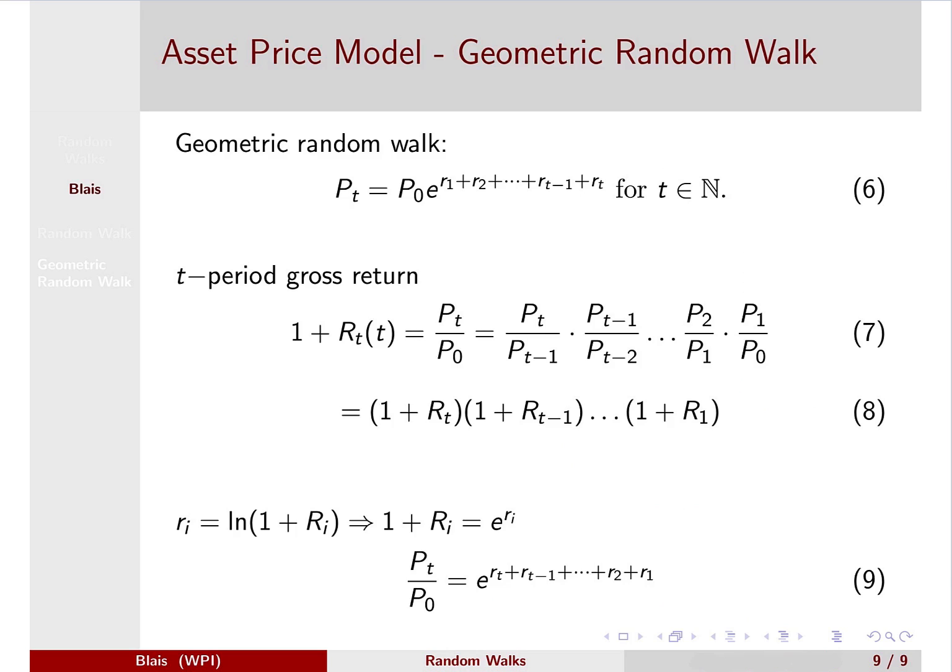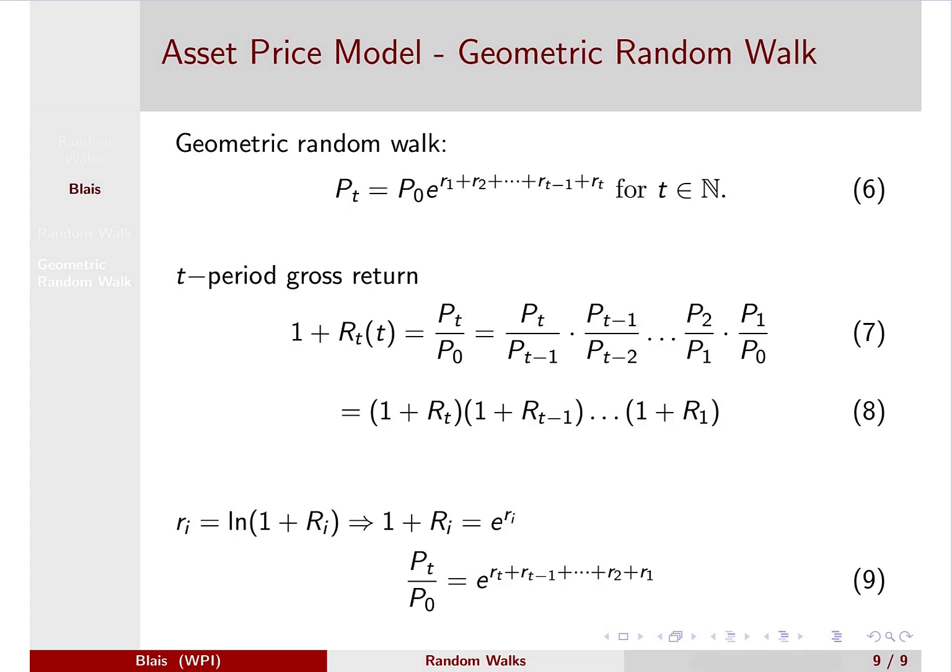And here, we now officially tie it together with all the work that we did with returns. So here we have our equation for the geometric random walk from the previous slide. Let's think back to our lecture on returns and recall how we calculated a t-period gross return.